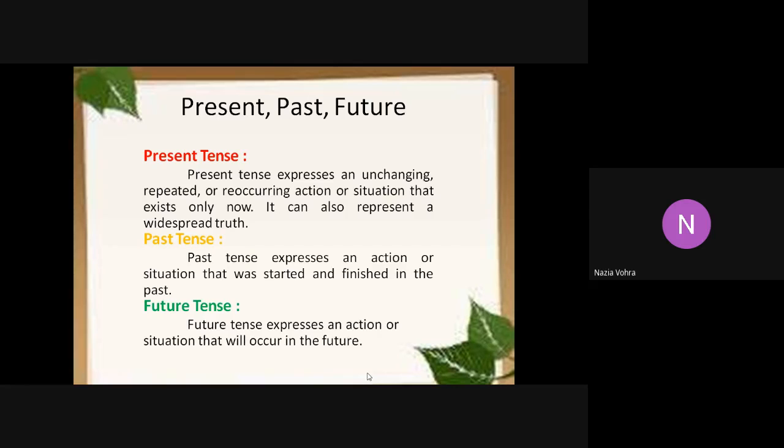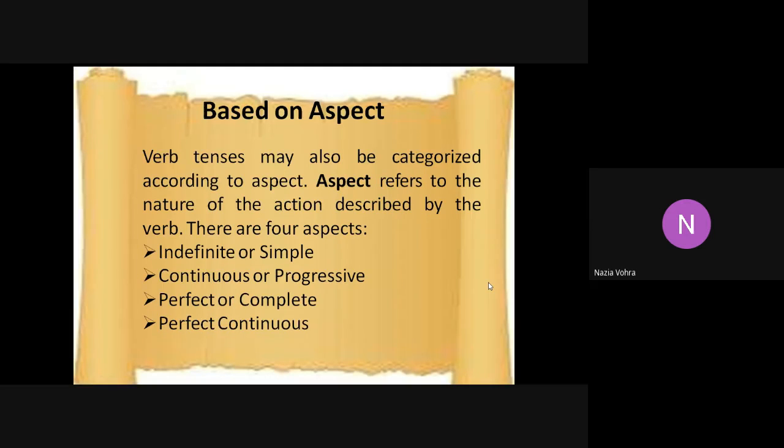Guys, can you hear me? Can you see my screen? Good, at least one answer. Great. I had asked a question: have we taken the IELTS exam? It will take place. So it's going to be in future. Great.